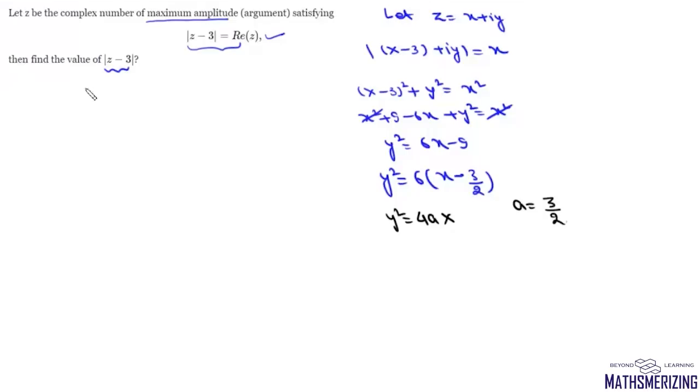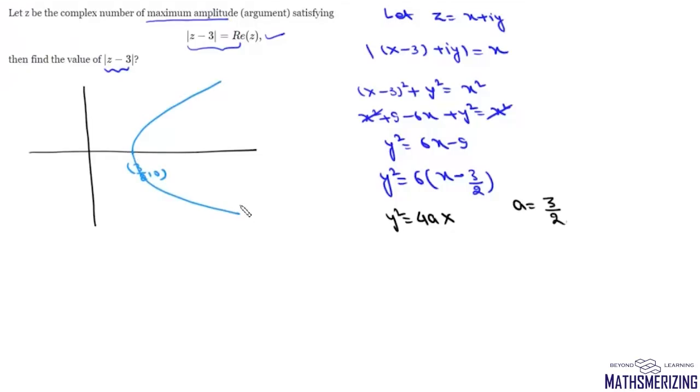So we'll draw this parabola. Now on this parabola, we need a point Z having maximum amplitude. We know that amplitude is nothing but the angle that a point makes with the positive real axis.